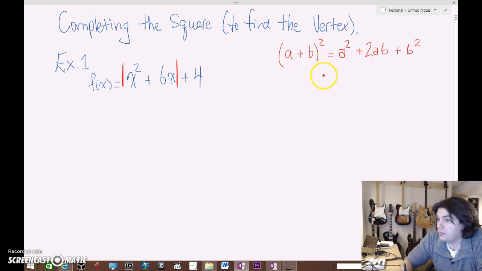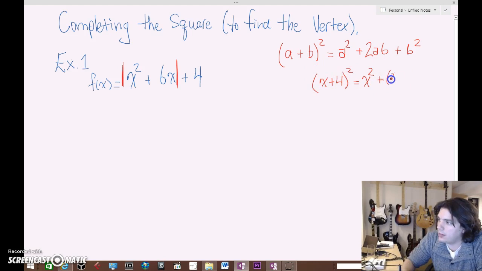So for example, if I gave you x plus 4 and we squared it, well, the a term is x, so a squared is going to be x squared. And then the second term is 2 times a times b. So in this case, 2 times x times 4. Well, 2 times x is 2x, times 4 is 8x.